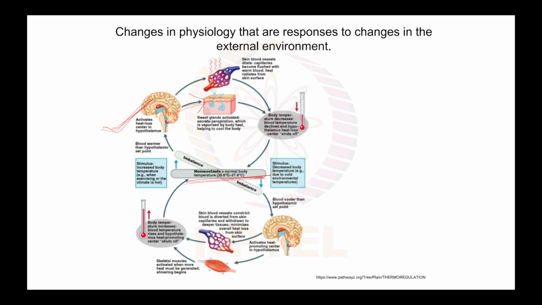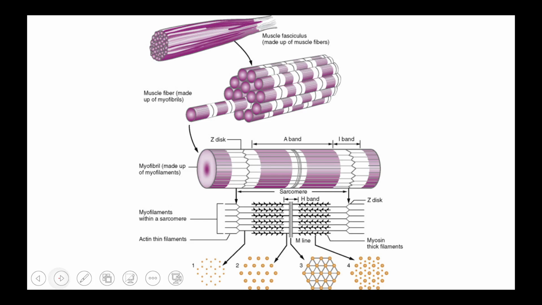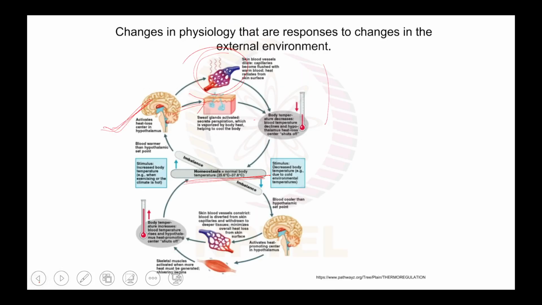The sweat glands are activated and secrete, the blood vessels dilate, and then body temperature decreases. The opposite happens in the case of cold temperature. Okay, so this was the homeostasis part.